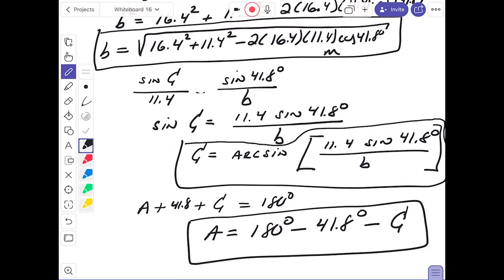So I'm going to take my calculator out, and I'm going to plug this in. I'm going to do the letter B now, lowercase b. 16.4 squared plus 11.4 squared minus 2 times 16.4 times 11.4 times the cosine of 41.8.